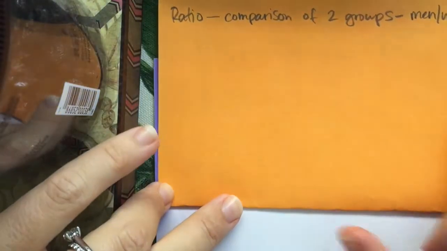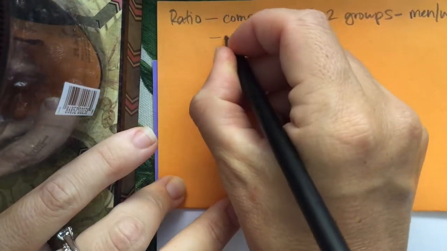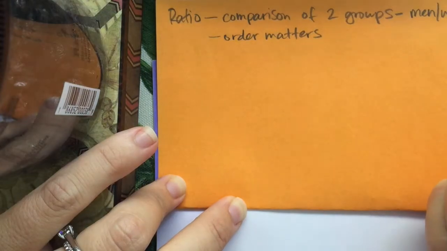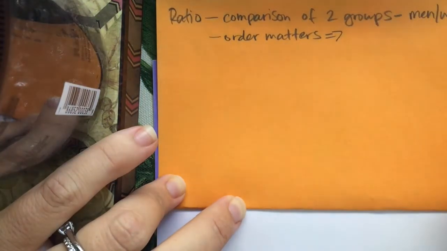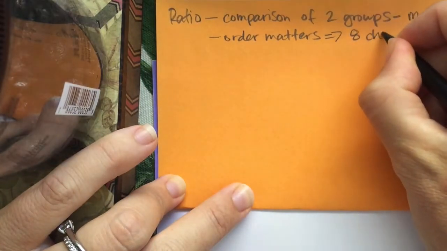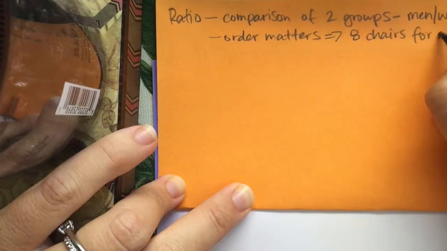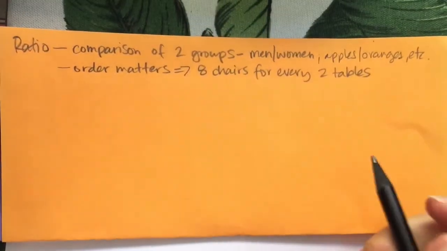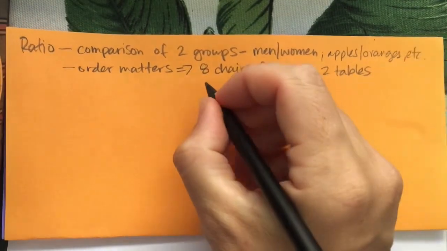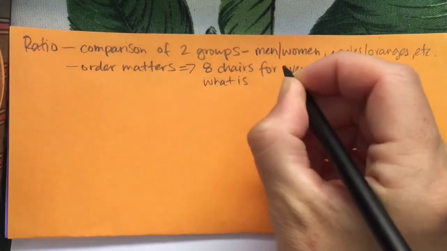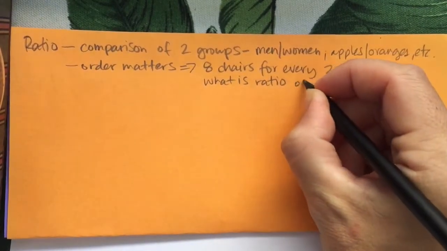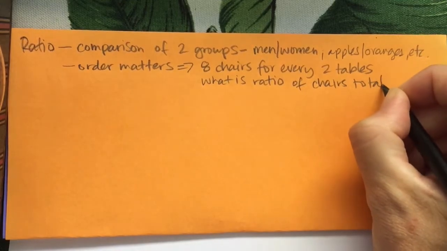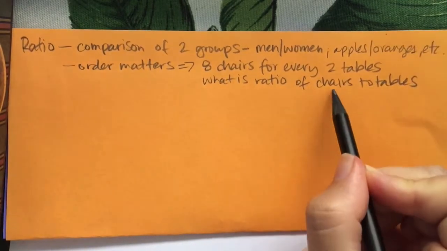Okay. With ratio, the order matters. So if I were to tell you I'm having a party and there are 8 chairs for every 2 tables, and I were to ask you what is the ratio of chairs to tables, our groups are chairs and tables, right?